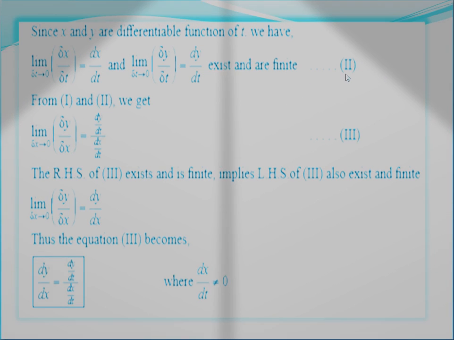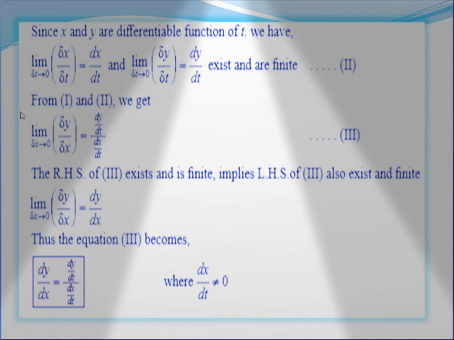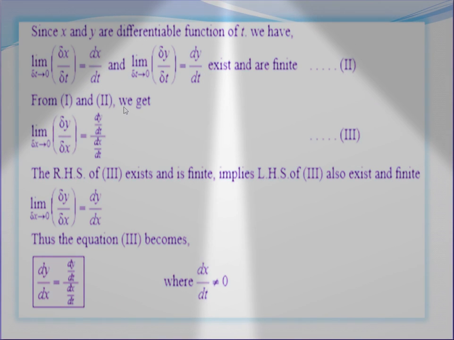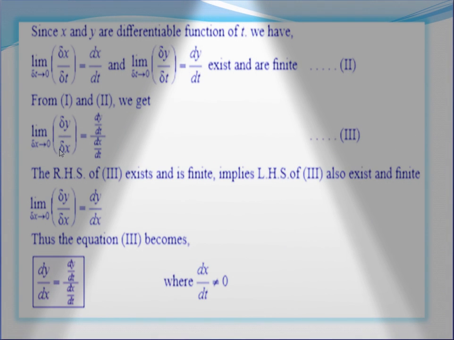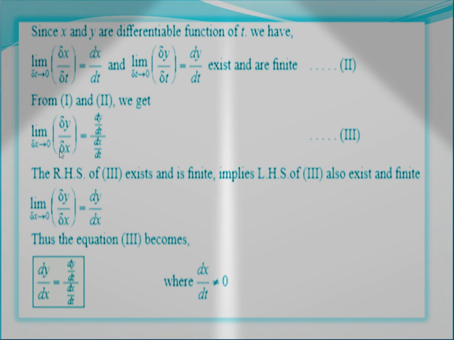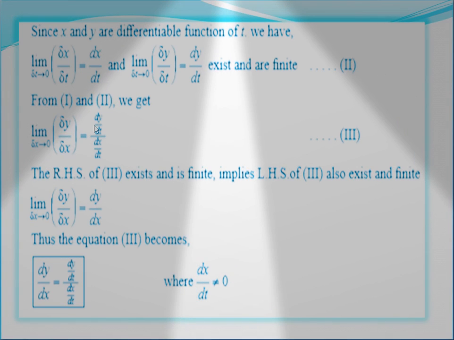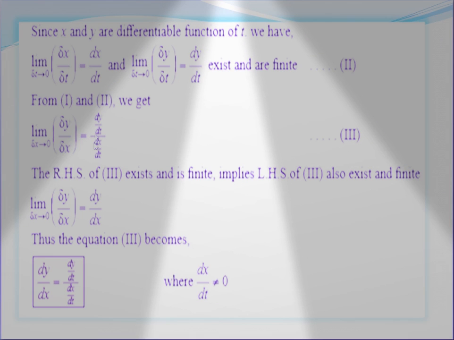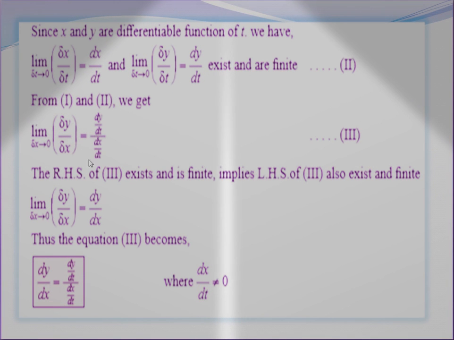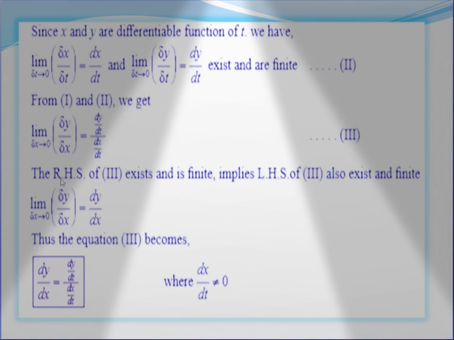Say this as equation number second. Now from equations first and second, we get limit delta x tends to 0 of delta y upon delta x is equal to dy upon dt upon dx upon dt. Say this as equation number third.